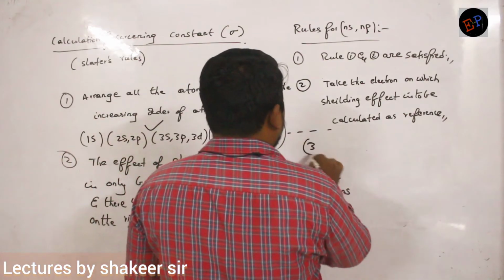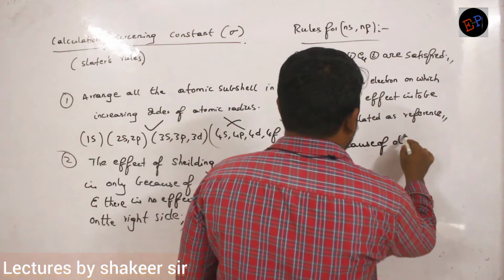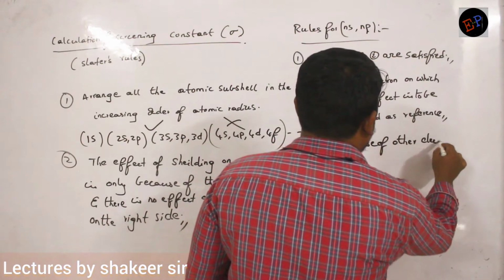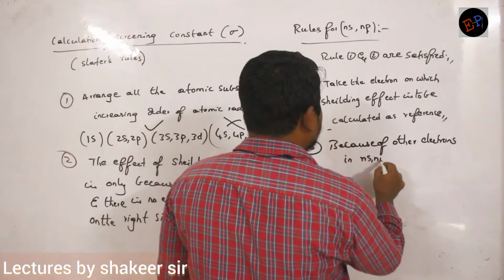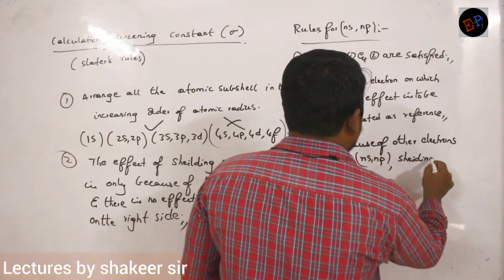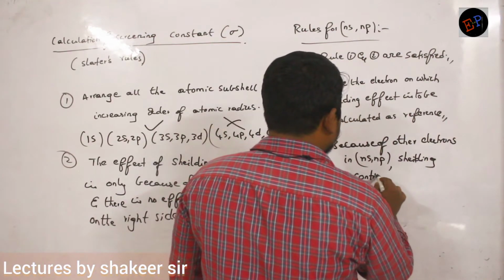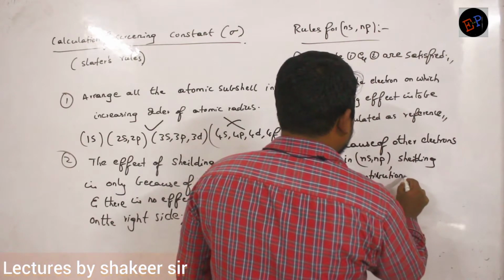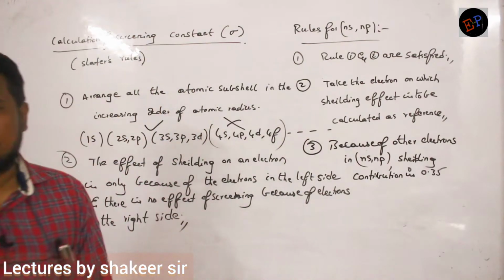Now, because of other electrons in ns, np, the shielding contribution is 0.35. Are you able to understand?